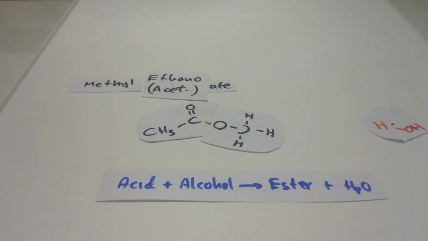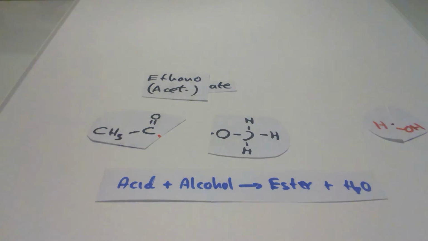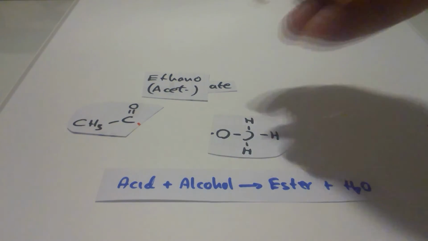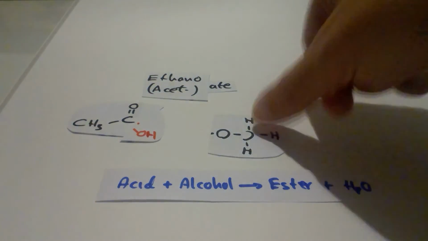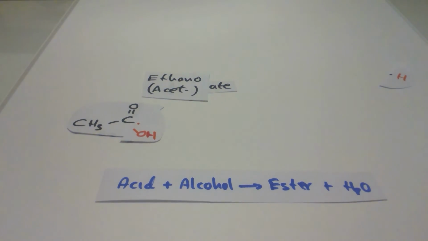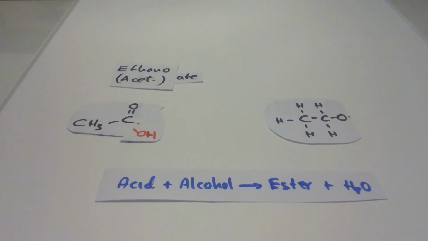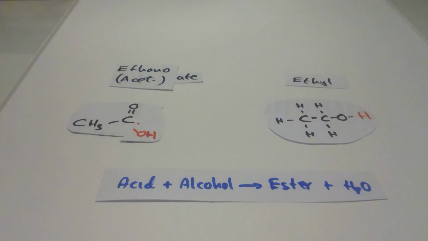And the last possibility that we're going to see today, what happens if instead of having one acid with 2 carbons as we are having here, and an alcohol not with 1 but with 2 atoms of carbon, that is an ethanol. Okay, so you can guess what is going to happen now.